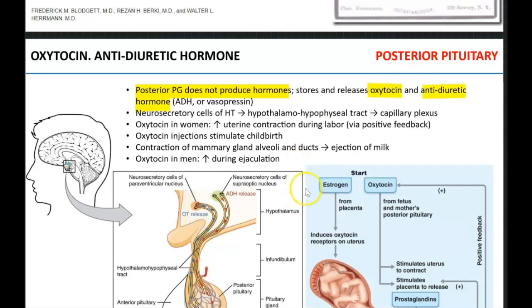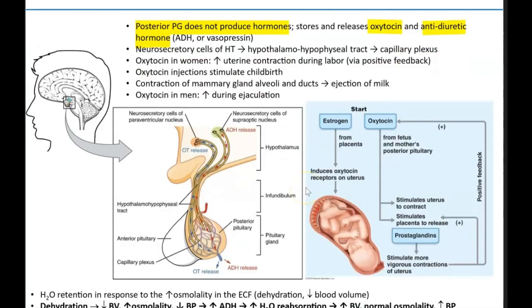So how do they get there? Hypothalamus has neurosecretory cells. These are effectively neurons. These neurons produce hormones that end up in the posterior pituitary and wait for the signal to be released. First one is oxytocin.